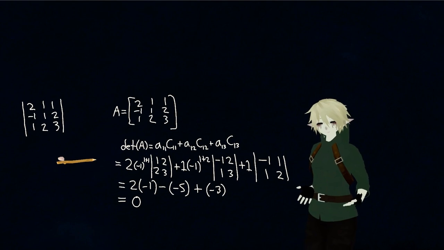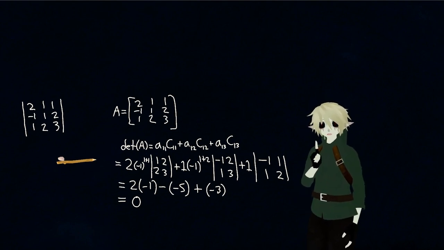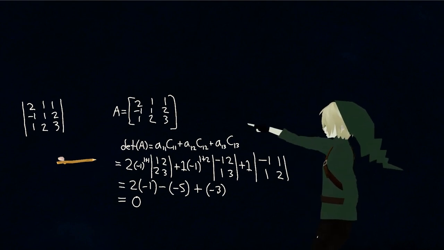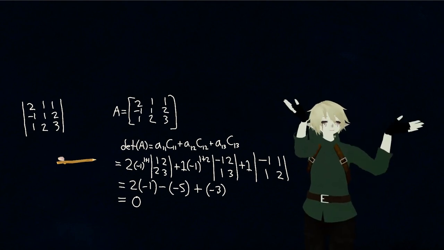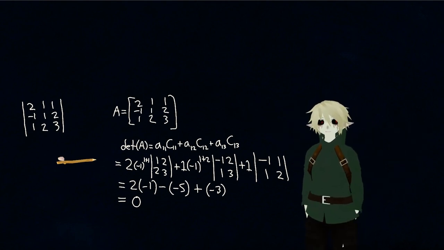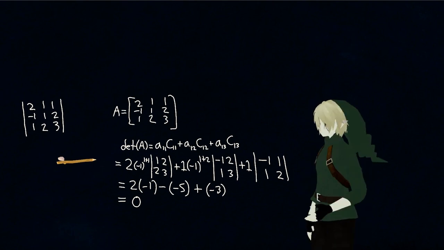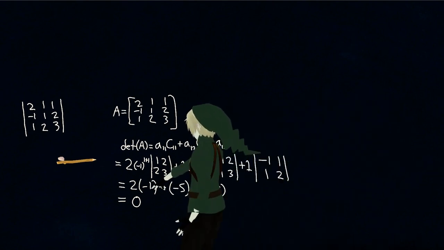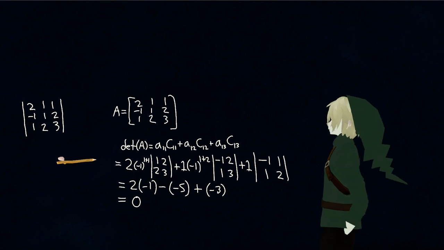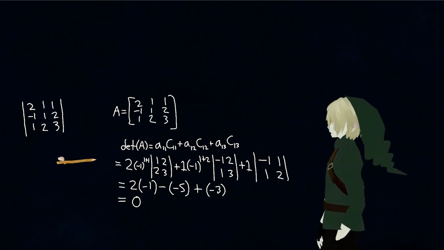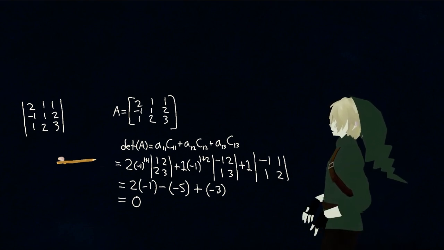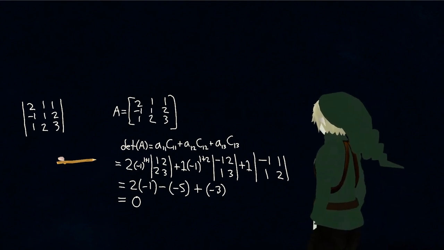So what does that mean? Because the determinant is equal to 0, this matrix does not have an inverse. It is not invertible. It does not exist.